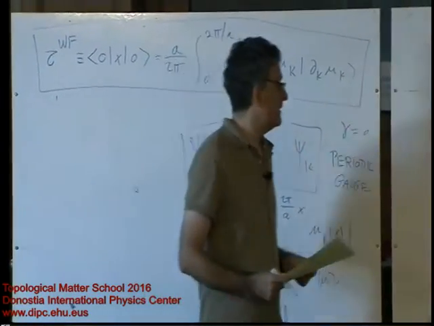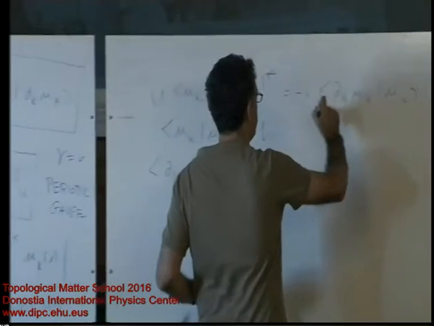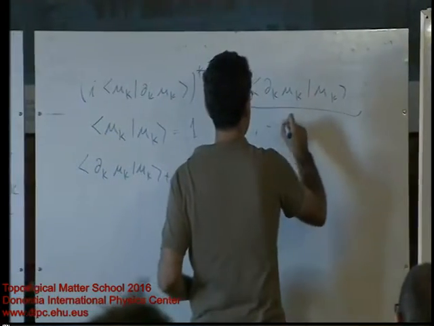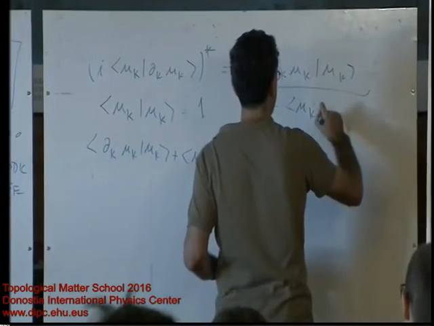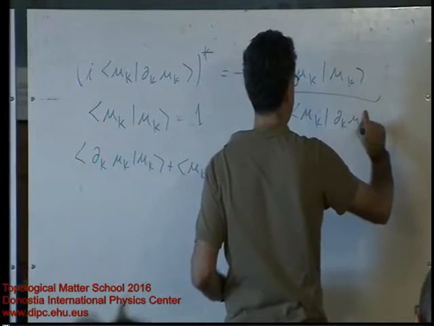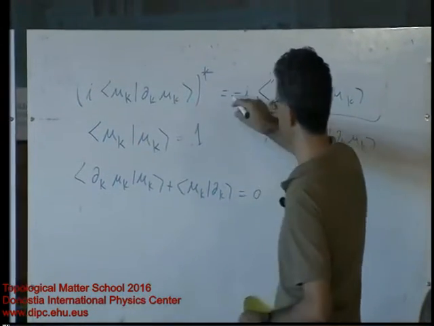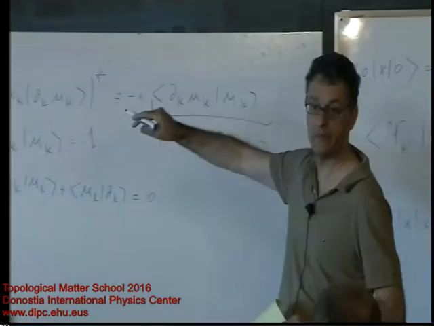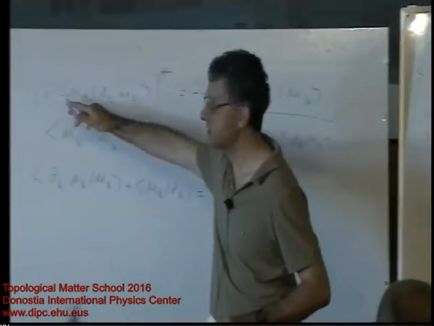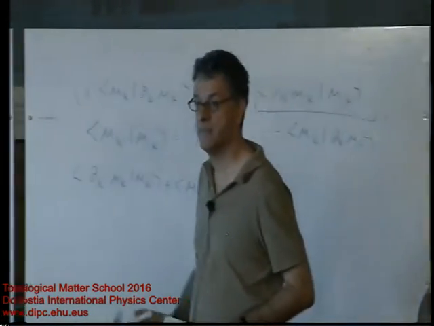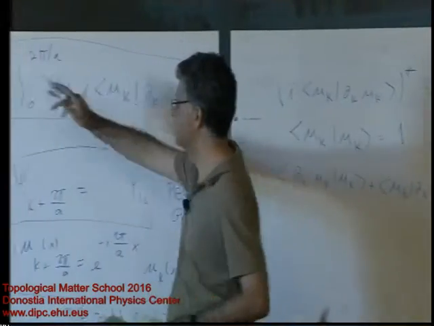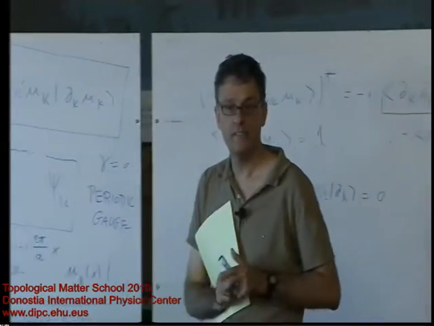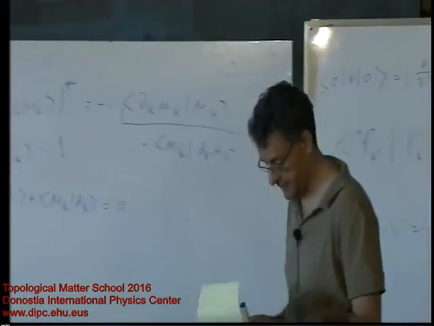That means that this guy is minus u_k d_k u_k, and that minus sign cancels that minus sign, and we get back where we started, which is this. So, fine, this is real, and so we get the center of the Wannier function, okay?